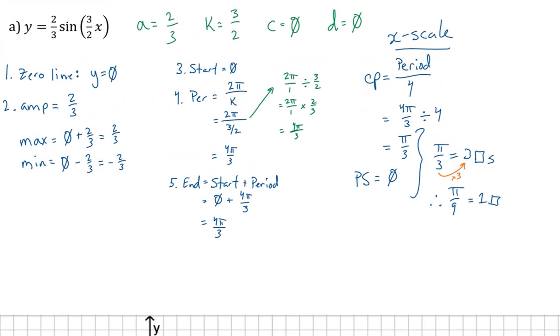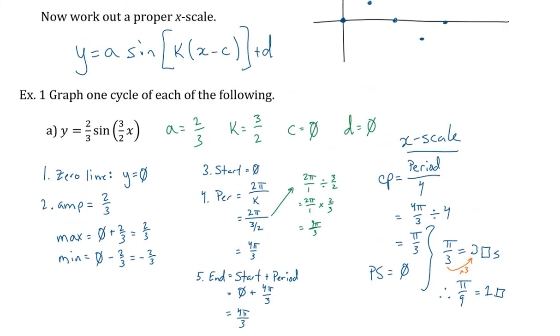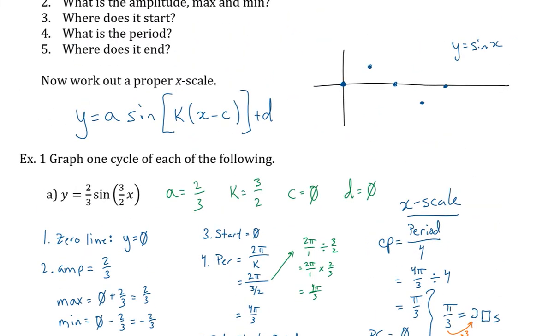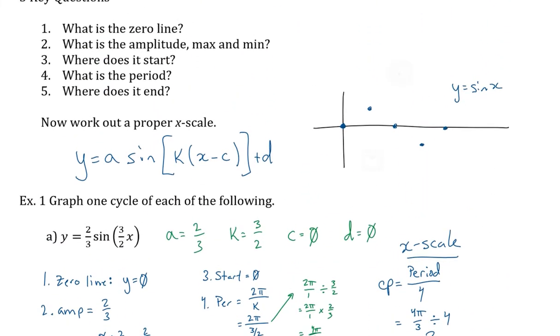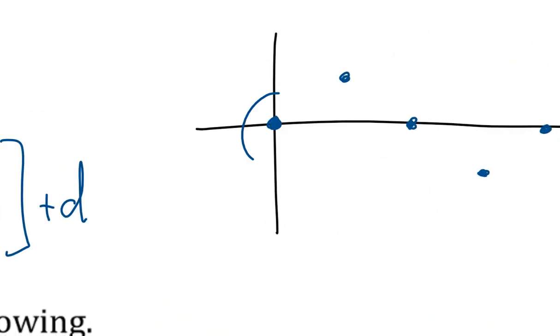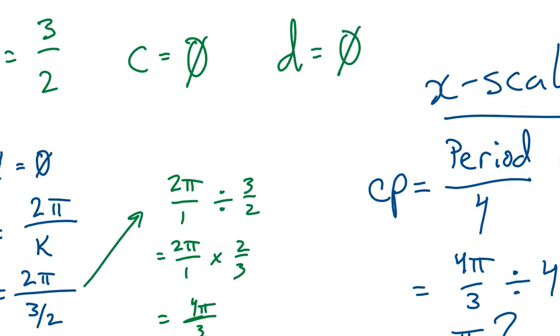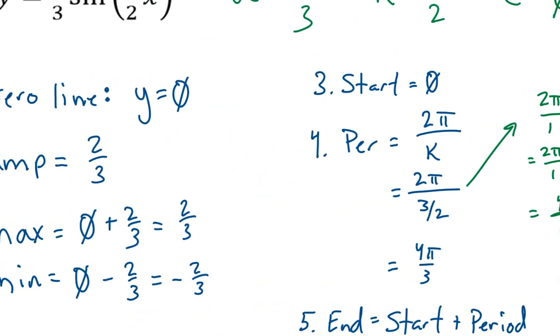And that's it. Now we've done the hard work. Now we just have to go back and remember where the 5 points are for sine, in relation to the properties. I've got the properties, so we're good to go. The first point occurs on the 0 line and at the beginning, which is your start. My start is 0, my 0 line is 0.